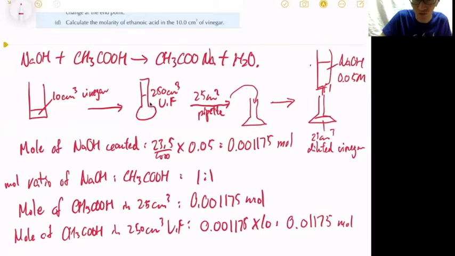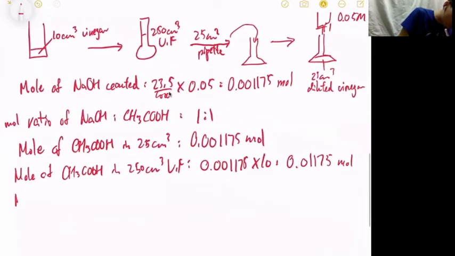And the number of moles of ethanoic acid should be the same inside the 10 cm cube of vinegar and the 250 cm cube.